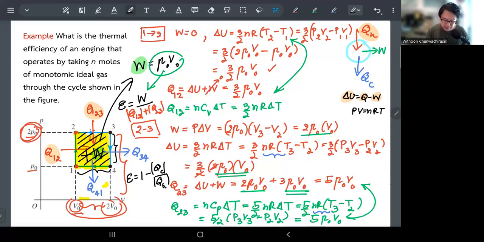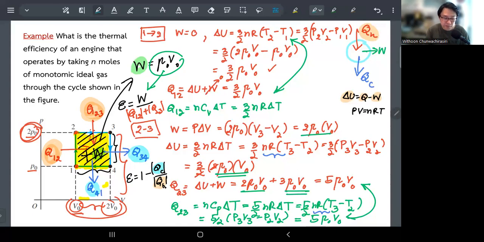That's perfectly fine. By knowing that Q hot is this one here, the one in red, and Q cold is this one right there, the one in blue, you will get exactly the same answer.